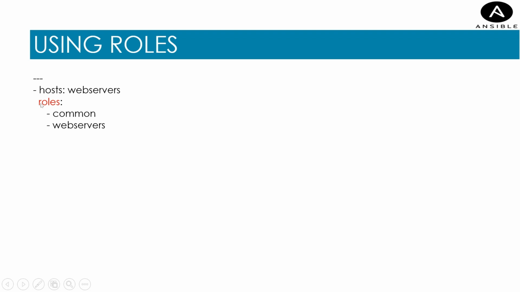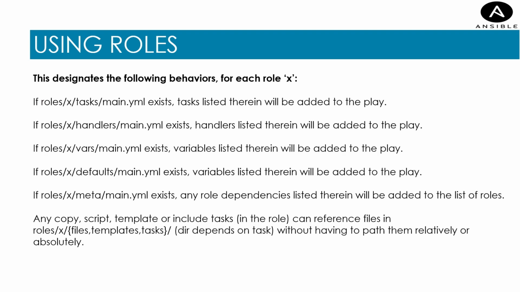Roles indicate that we have a common role and a webserver role we want to include, so run the common role or the webserver role. If you include roles, at least one role is mandatory, like common or web or anything, and only then will this syntax be valid. And again we have to make sure of the indentation, so let's talk in more detail.